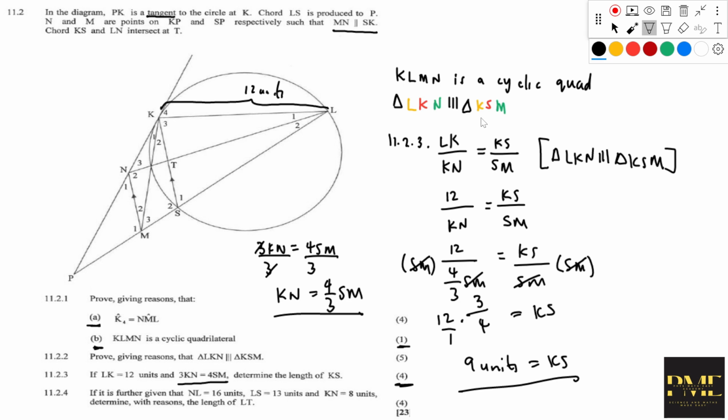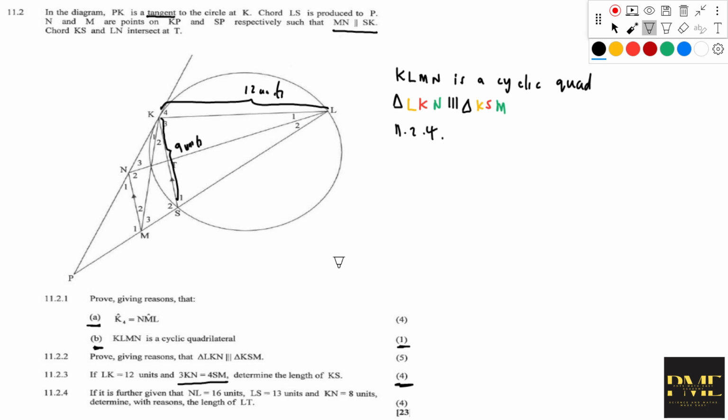Okay, so move on to 11.2.4. All right, so if it is further given that NL is equal to 16 units, NL or nang NL guys, okay, let's just use a different color there. So NL, okay, nang ya, all right, ulingana no 16 units. Okay, all right, LS is equal to 13 units. LS, okay, nang LS, let's use a different color.